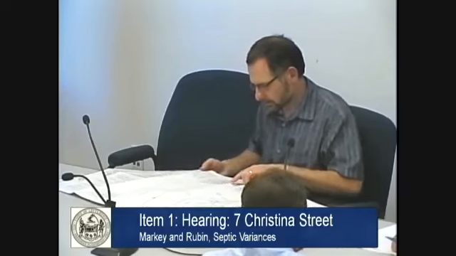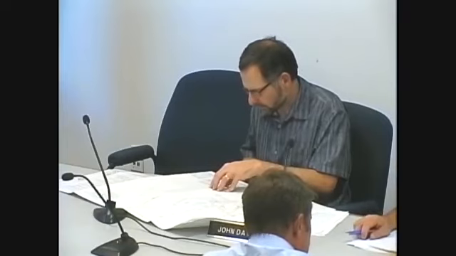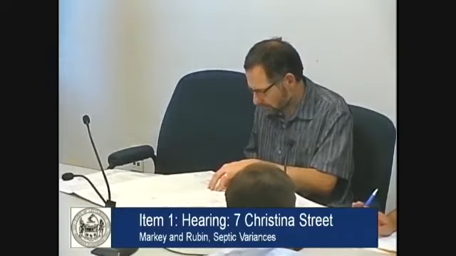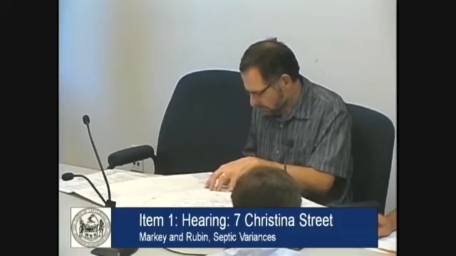And then local variances: regulation 27, the fill requirement, which requires no portion of the fill within 10 foot, so a variance is requested for a retaining wall within 2 foot of the property line. And then regulation 29, which is a two-compartment tank and outlet filter, which requires a two-compartment tank, so a variance to allow a single compartment septic tank.